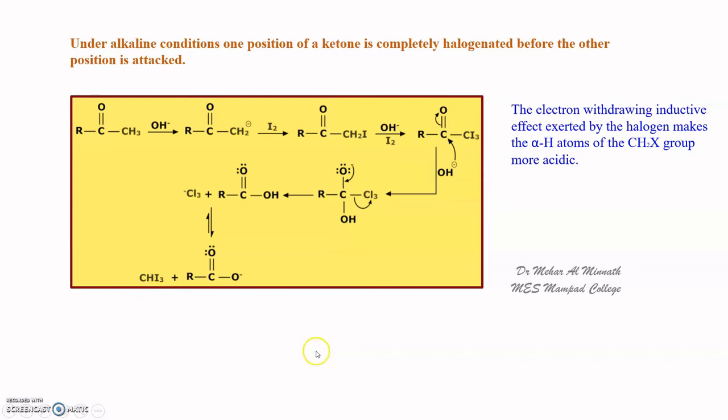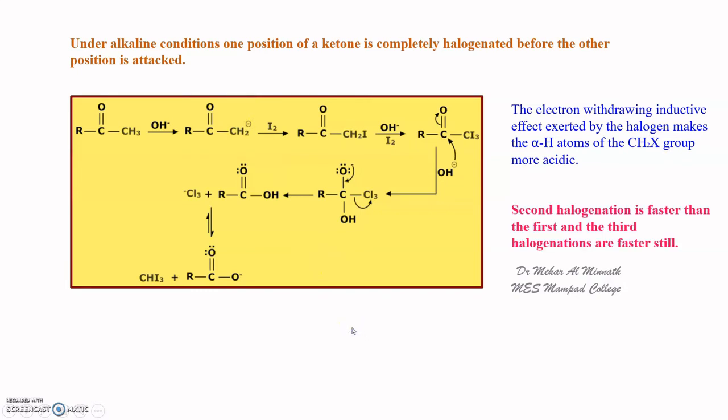You'll be familiar with this. The electron withdrawing inductive effect exerted by the iodine or the halogen makes this alpha carbon more and more acidic, the alpha hydrogen more and more acidic. And that's why this is getting halogenated again and again. Complete halogenation of this position occurs.